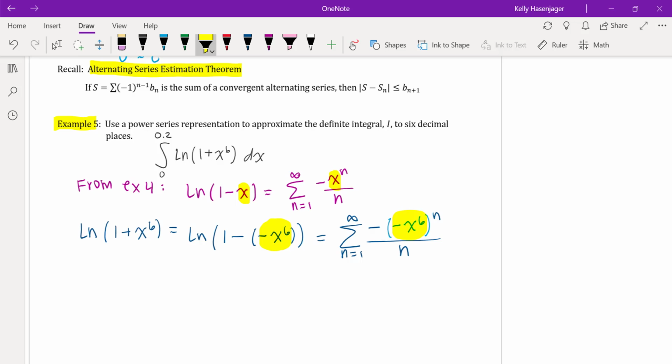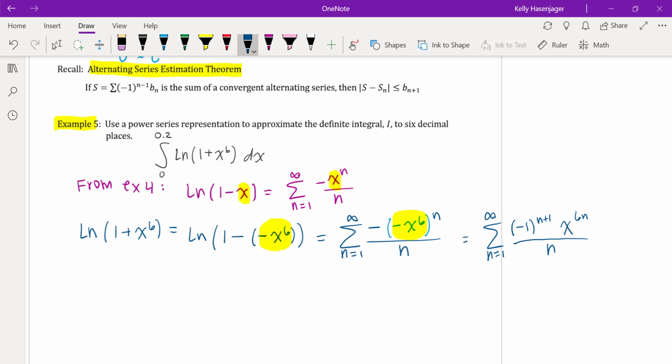Let's simplify that. So that becomes the sum from n equals 1 to infinity. We have a negative 1 to the nth power times another negative 1, so that's going to be negative 1 to the n plus 1 power. Then we'll have x to the 6n power all over n.